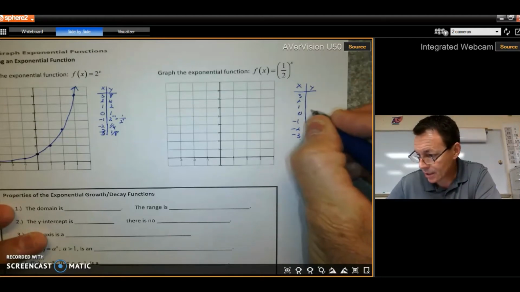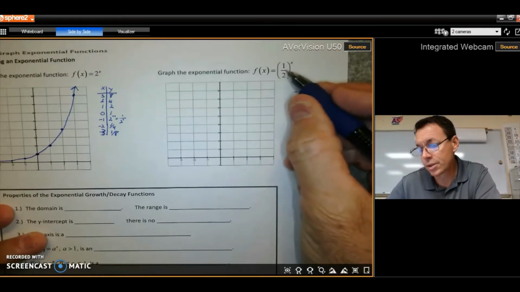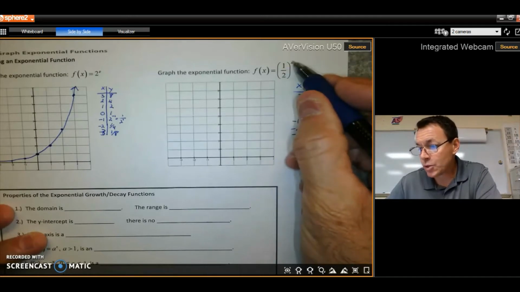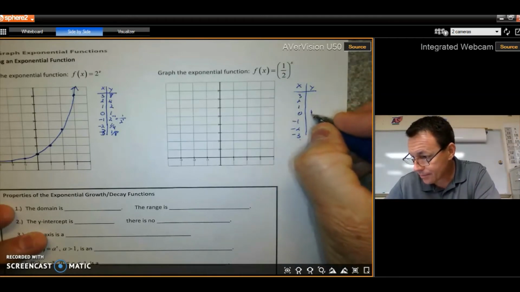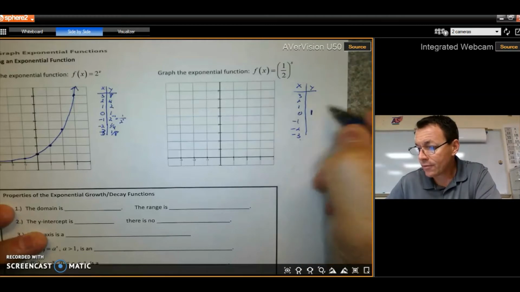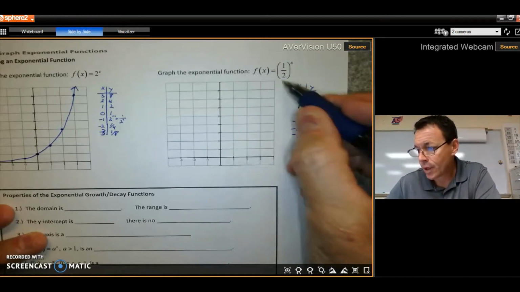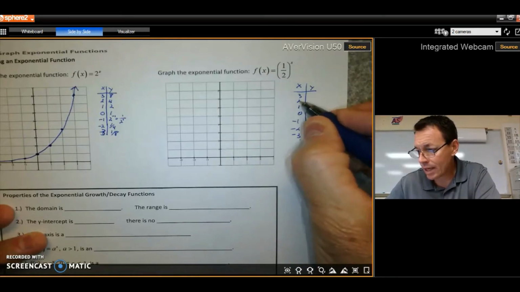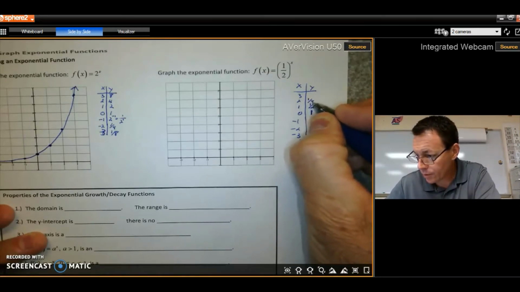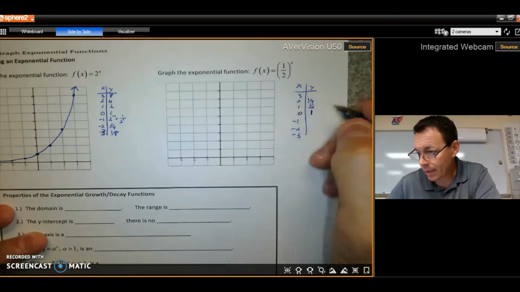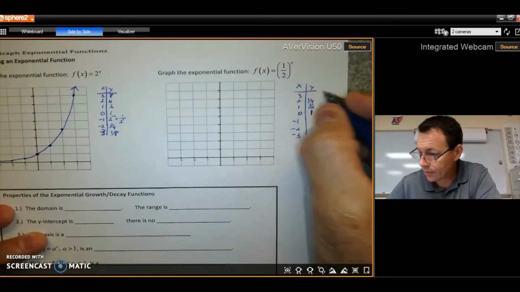Well, excuse me, 1/2 to the 0 power is going to be 1. 1/2 to the first power is going to be 1/2. 1/2 to the second power, so 1/2 times 1/2, that'd be 1/4. And 1/2 to the third power, so multiply by another 1/2, you're going to get 1/8.